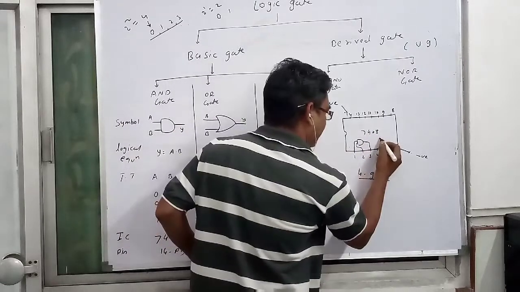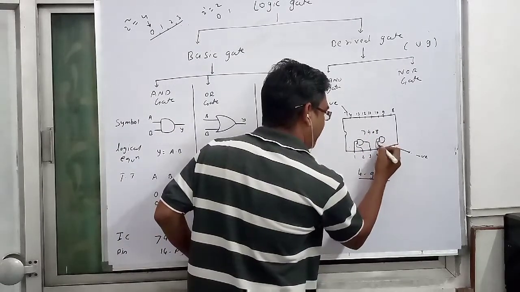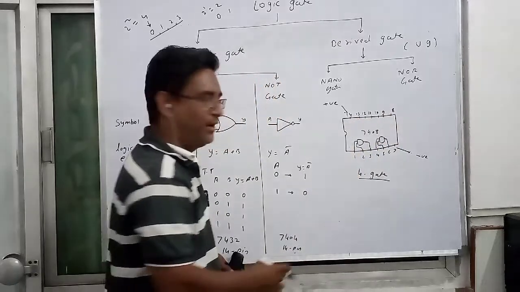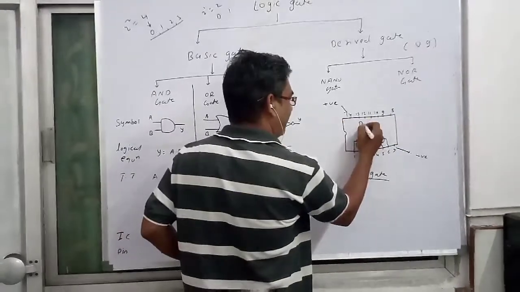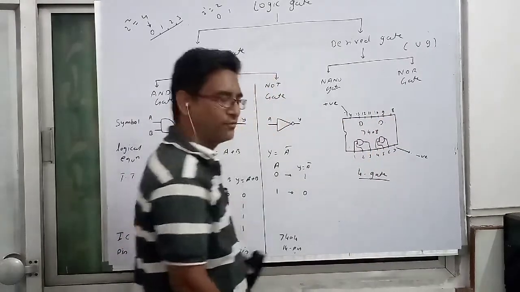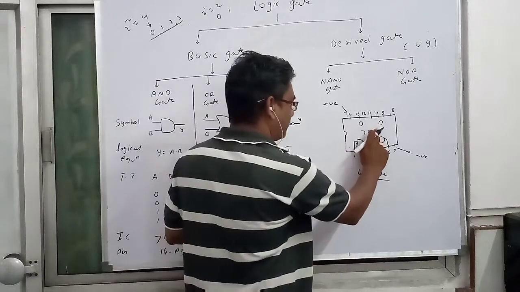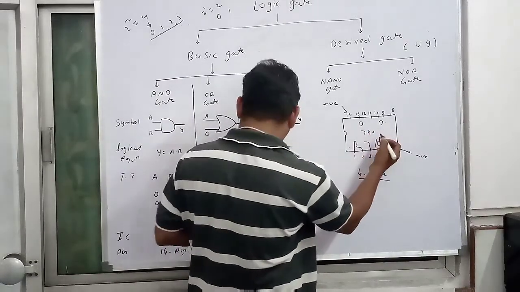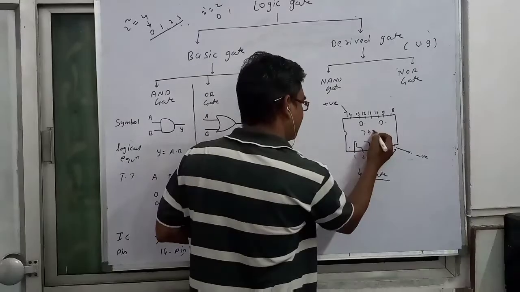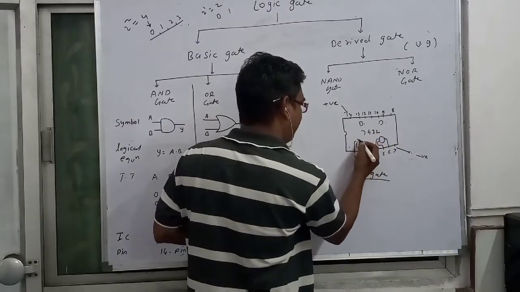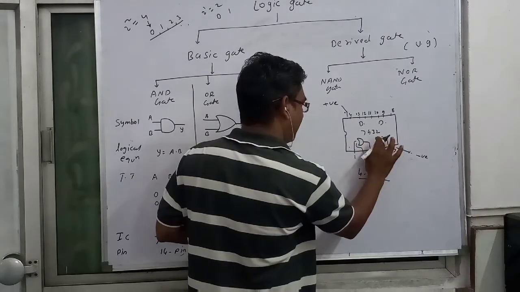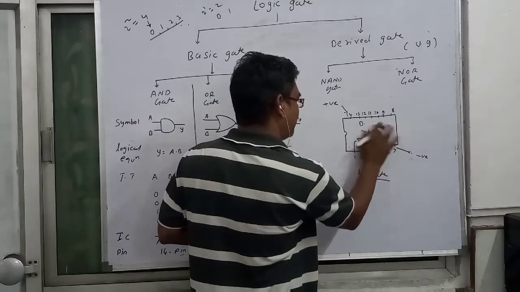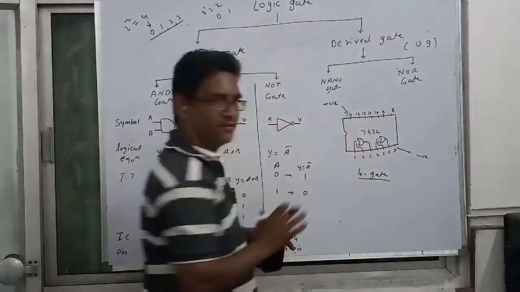According to the symbol, we will draw each gate here. Likewise, 2 gates are present in this part, and there are 4 gates here also. The same arrangement is used, but the symbol changes according to the name, 7432. Here you will observe the OR gate, so this IC is an OR gate IC.